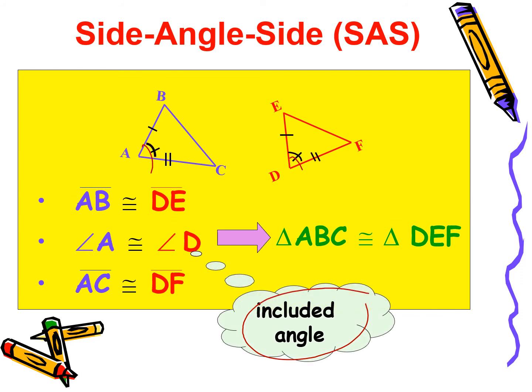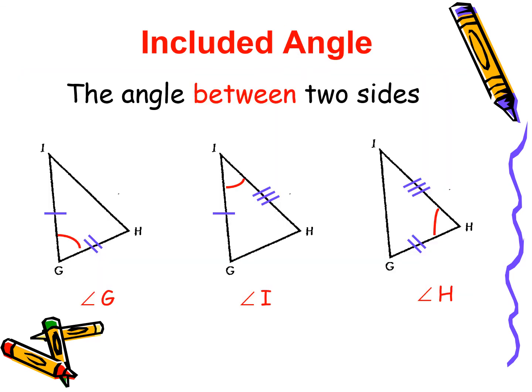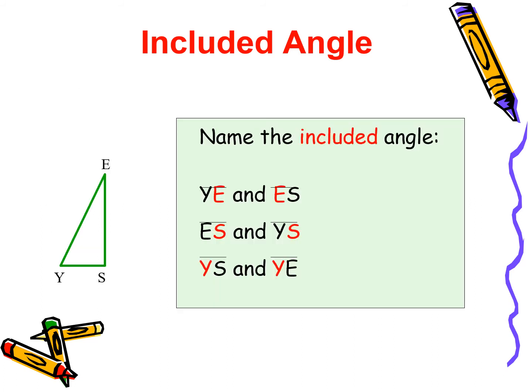Now, what exactly do we mean by included angle? Let us make it more clear. The angle between two sides is known as the included angle. Like in the first figure, for sides GH and GI, the included angle is angle G. In the second figure, if GI and HI are your sides, then the included angle is I, and in the last figure, for GH and HI, the included angle is angle H. Can you name the included angle in this given figure?